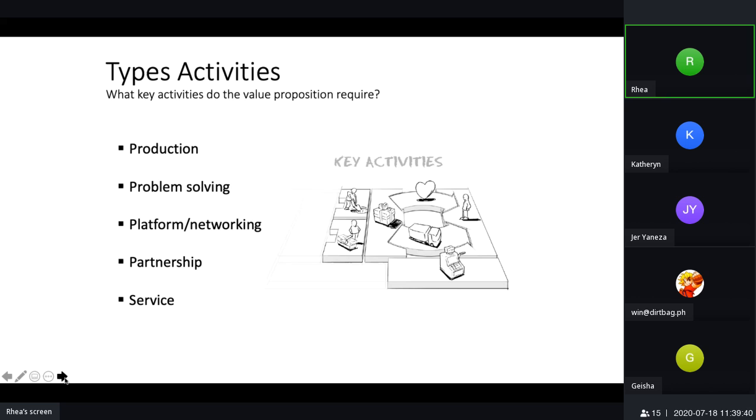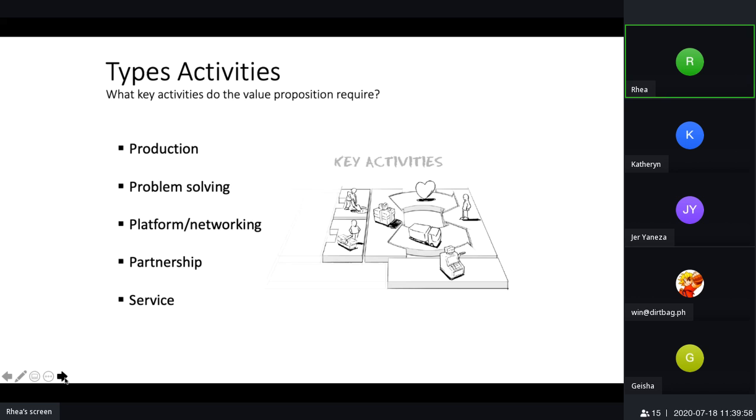And finally, the kind of service, like how will you be able to do your distribution? How can you be able to do and maintain relationships? Those are the activities that you need to be able to identify as early as now in order to really address the other activities in our business model.